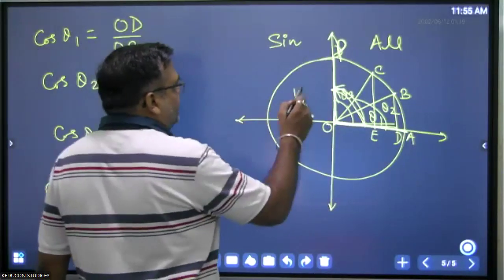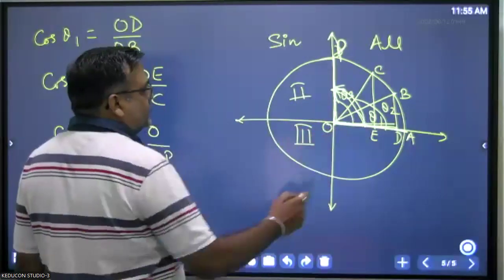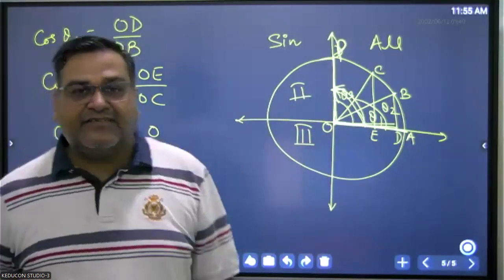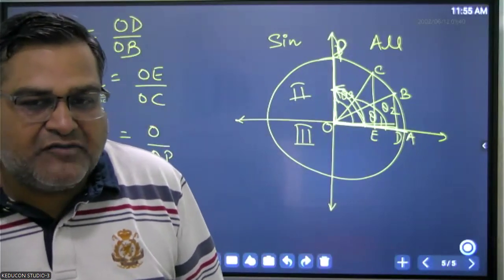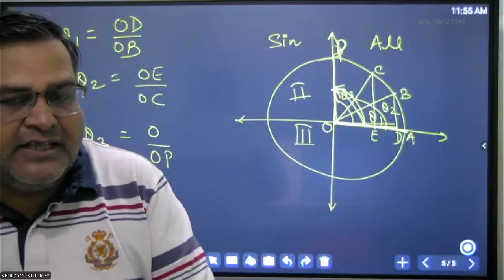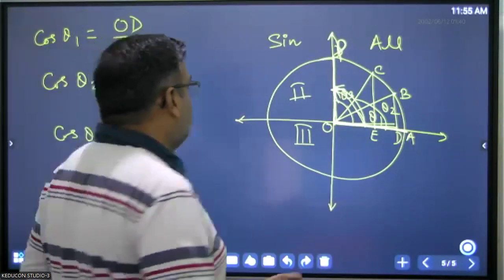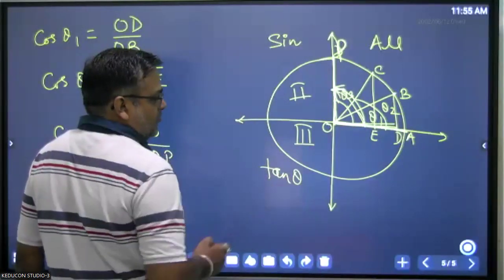In the third quadrant, students, we have both x-axis and y-axis negative. So sin theta and cos theta both will be negative. But when you take sin theta upon cos theta, negative and negative cancel out, and then tan theta and its reciprocal will be positive.